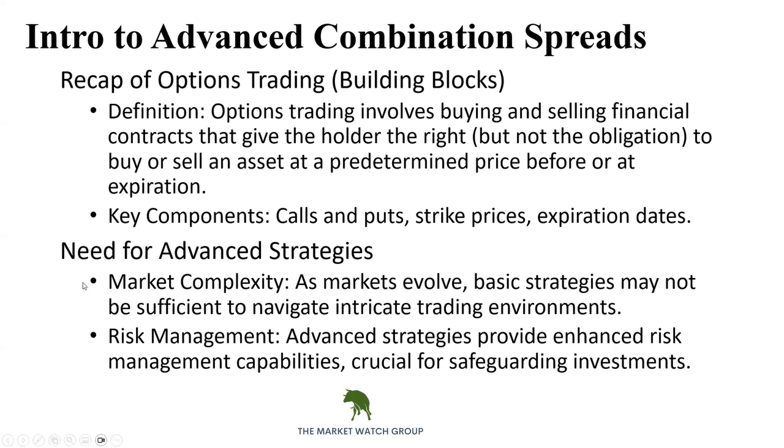Need for advanced strategies, market complexity like this. What do you do when you're in what you know is overall a bullish market, but we may go into a correction period? It could take a month or two, right? And what's happened?